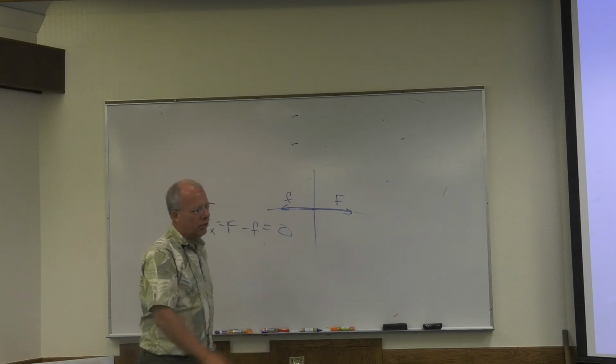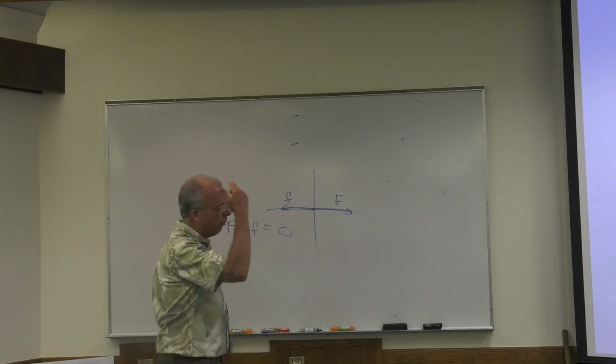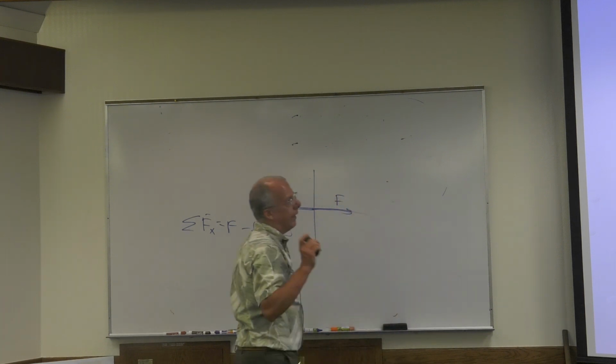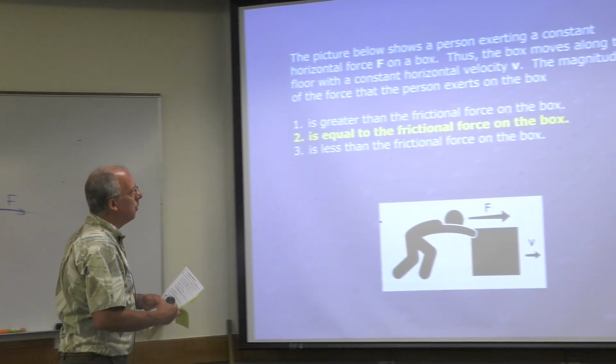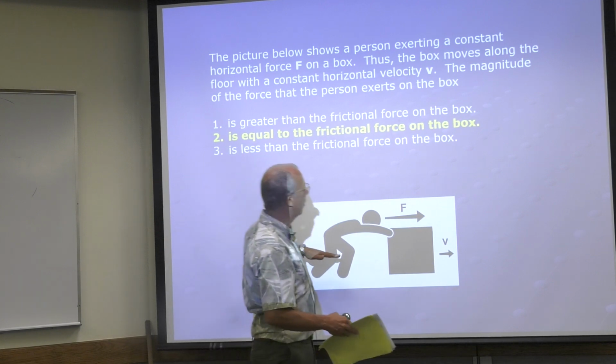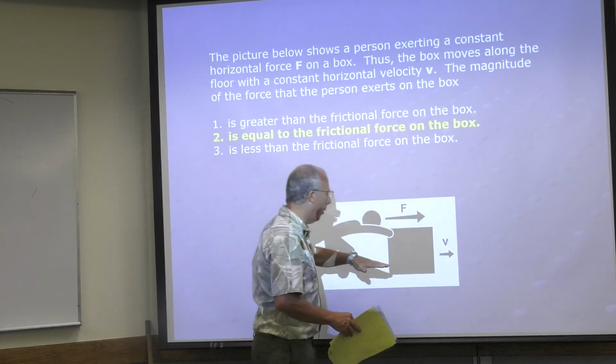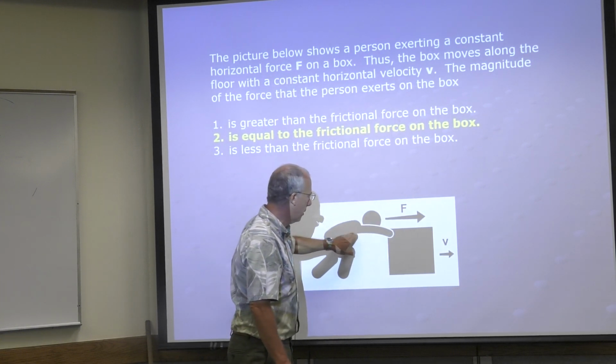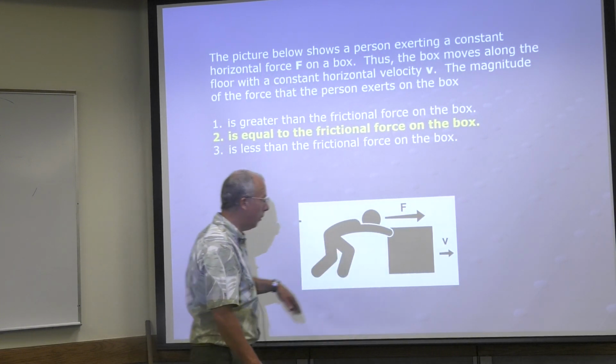I think it's really worthwhile when you get questions like this to just draw the force diagram. It will help you. So again, the box moves with a constant horizontal velocity, acceleration is 0, so the force that this person is exerting on the box equals the frictional force.